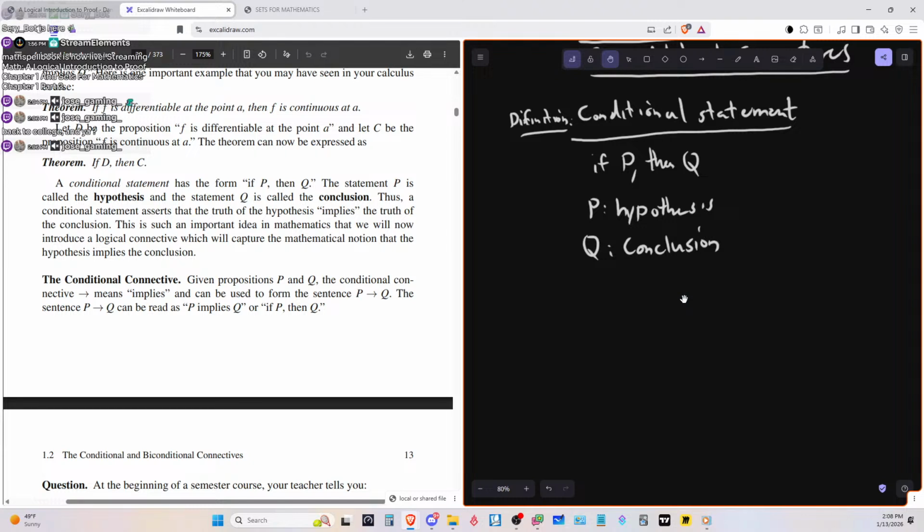Okay, conditional connective. Given propositions P and Q, the conditional connective, oh okay, so it's just this symbol.